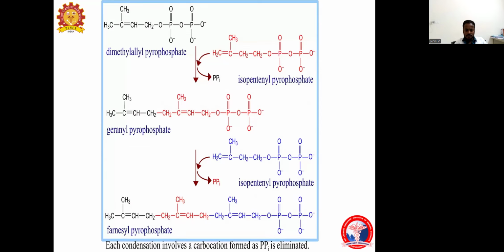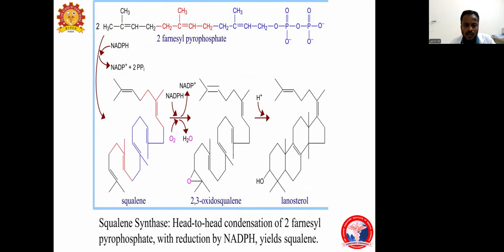From the geranyl pyrophosphate, along with isopentenyl pyrophosphate, farnesyl pyrophosphate is formed in this reaction, and pyrophosphates are eliminated. The condensation of two farnesyl pyrophosphates forms squalene.